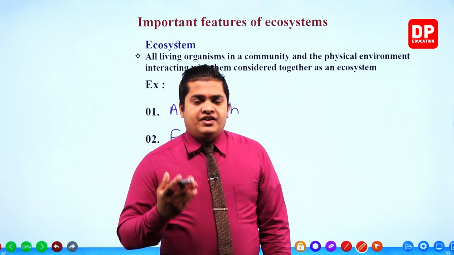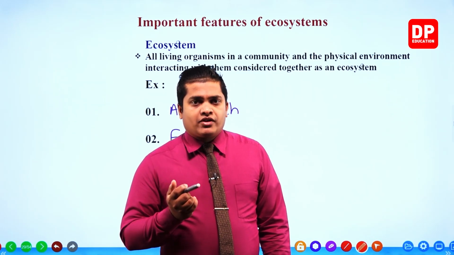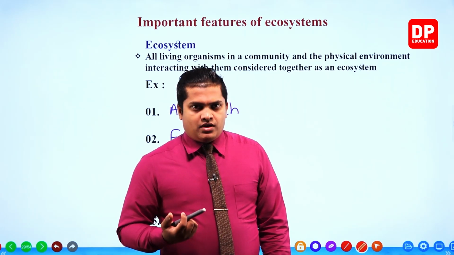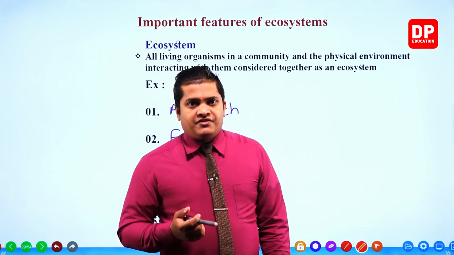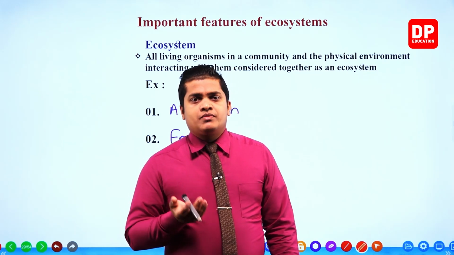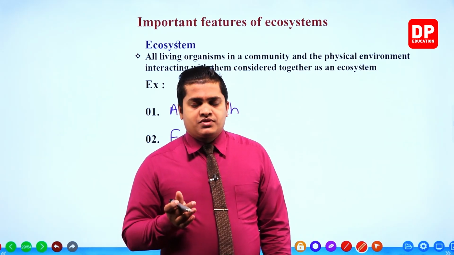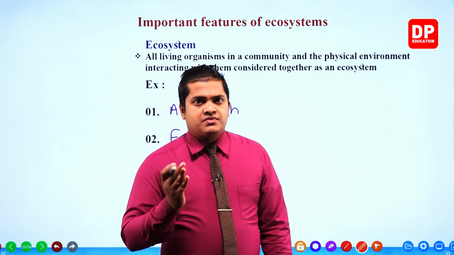You can observe different types of microorganisms, like bacteria, right? Then different types of algae. So those things can also be observed. However, we won't observe those things with our naked eye, but you know that those organisms are there.